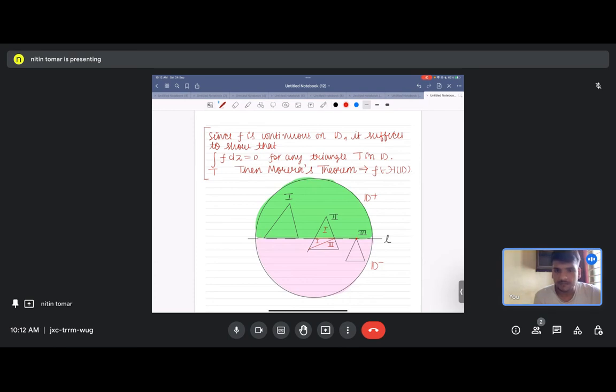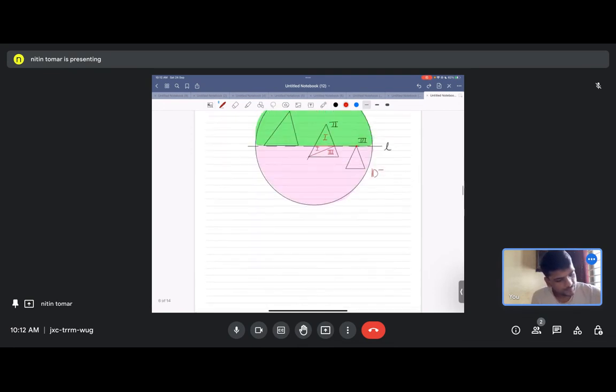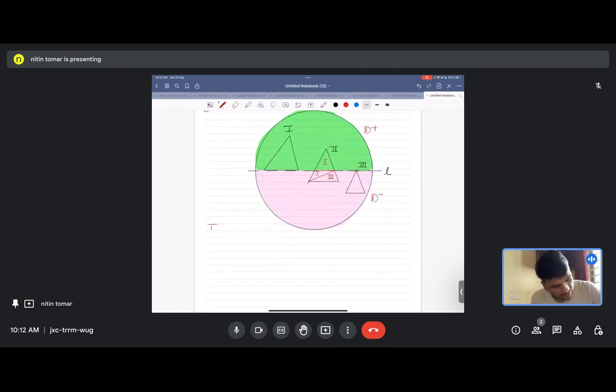The integration at one point won't change. So for triangle 3 you can directly have the integral over T of f dz equal to 0.